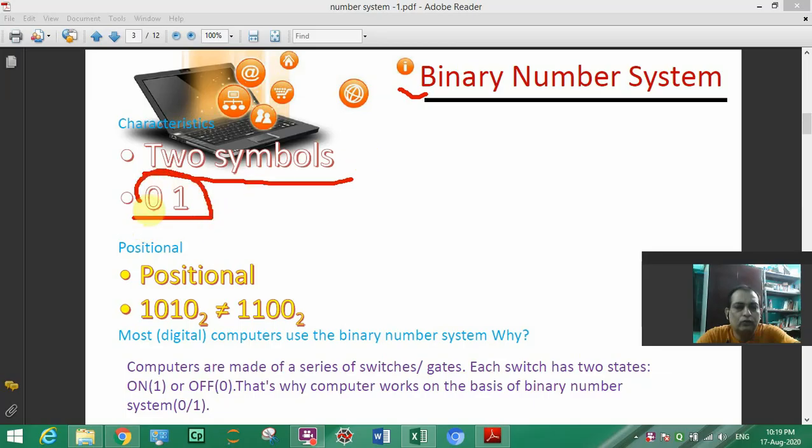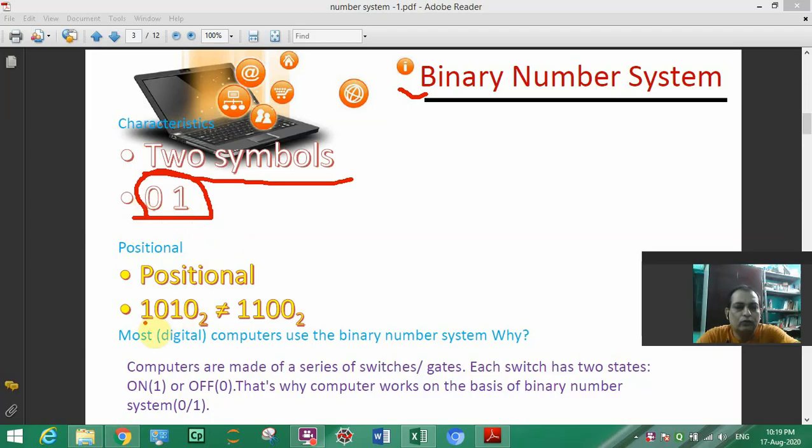All the big numbers or small numbers will be represented by these two digits, 0 and 1 only. It does not matter how big a number we are going to write, any number can be written using these two digits only, that is 0 and 1. कोई भी बड़ा से बड़ा नंबर आप इसी दो डिजिट से लिख सकते हैं.